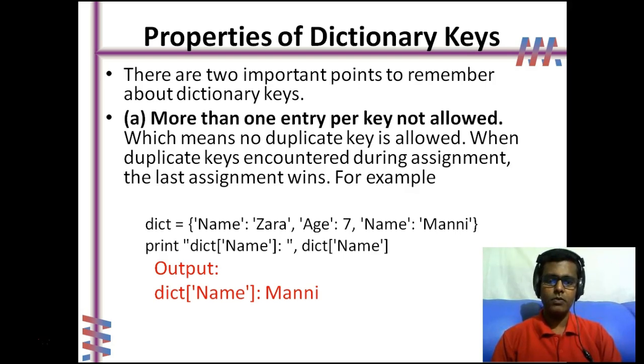The old value of the key will be automatically erased. So in the next line, when you look at this print statement, print dictionary of name, your output will be money, because the old value Zara will be overwritten by the new value money. So this is one of the main properties.